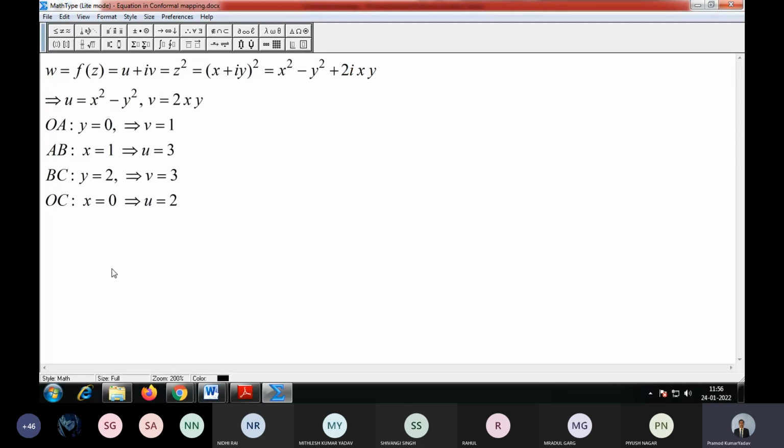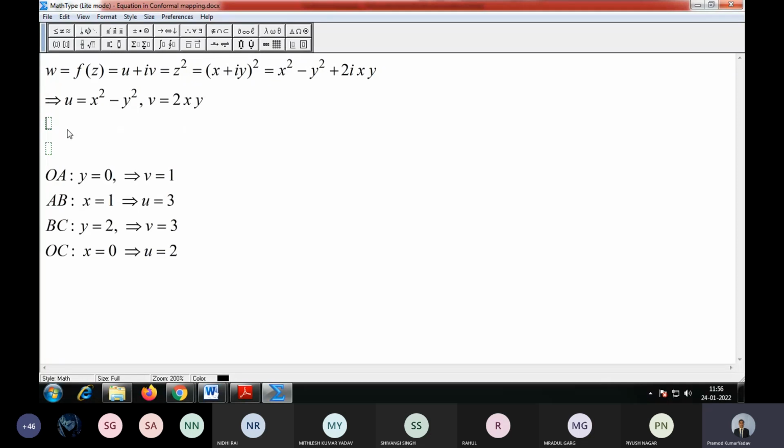What are the boundaries? x is greater than 0 and less than 1. Similarly, y is greater than 0 and less than 1.